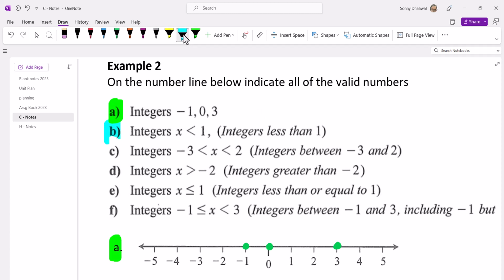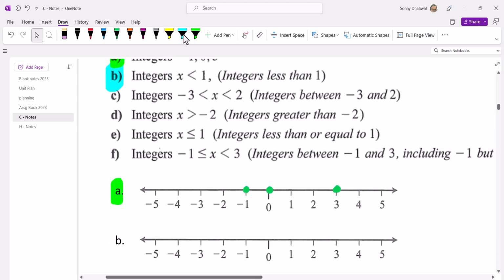Next up, letter B here. We're going to put our answer here. We're looking for this. So this is the math sentence. We're going to say it in English. Instead of saying X, I'm going to say all the numbers less than 1. So okay, we find 1 here.